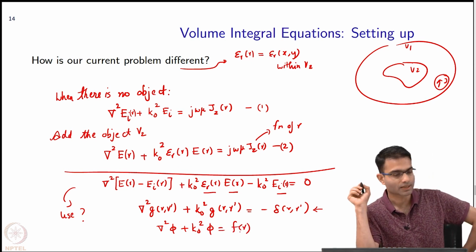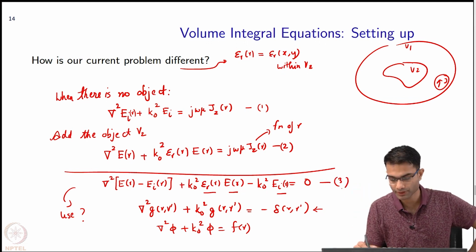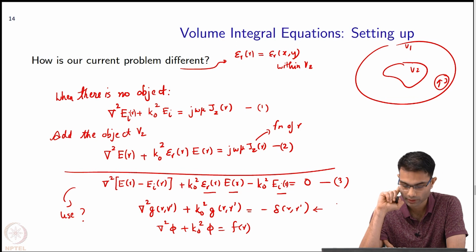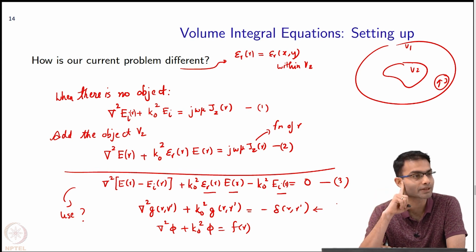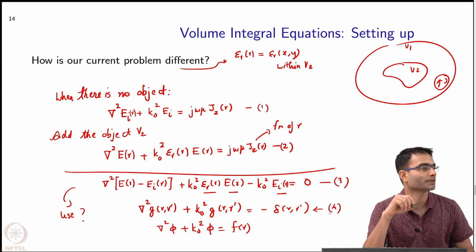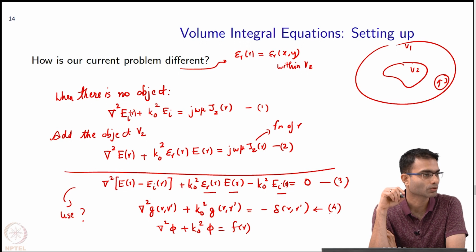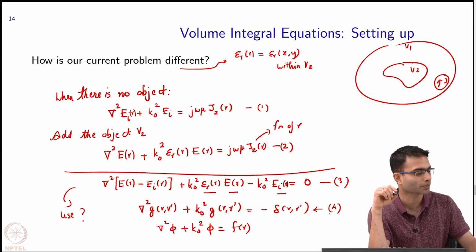Does the left hand side look like that of equation 3? E minus E_I, that I can think of as phi, right. But what about the second term, the term that accompanies k naught squared, is it in that form yet? It is not, right. So I can't immediately use equation 4 to solve equation 3, but does it look impossible to do? No, right? There is just some simple manipulation that I have to do.